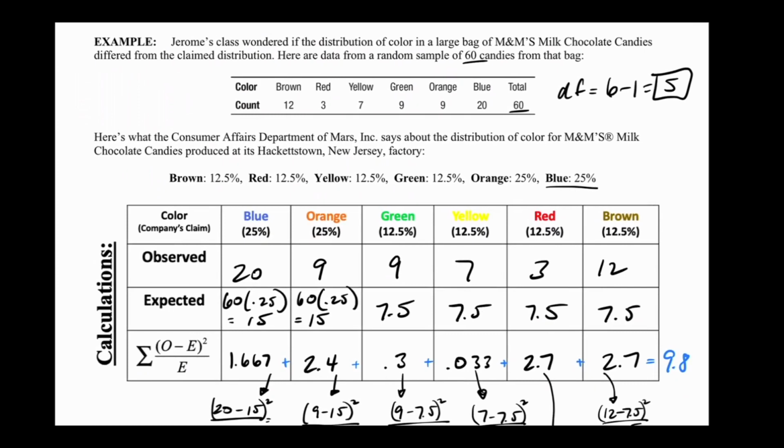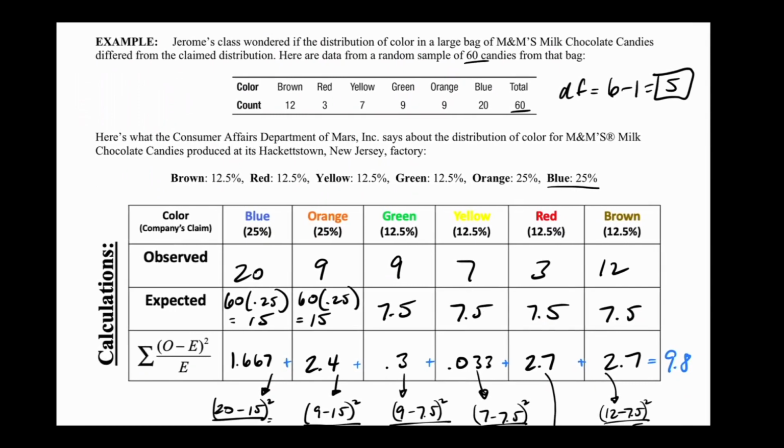I already kind of worked this problem out, but I'll walk you through it. Jerome's class wondered if the distribution of color in a large bag of M&M milk chocolate candies differed from the claimed distribution. Here's what Jerome actually saw: 12 brown, 3 red, 7 yellow, 9 green, 9 orange, and 20 blue, 60 total M&Ms.